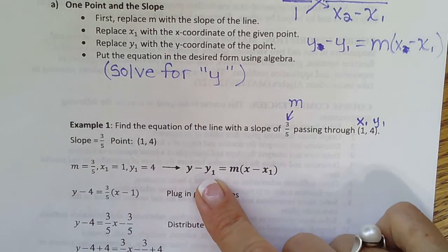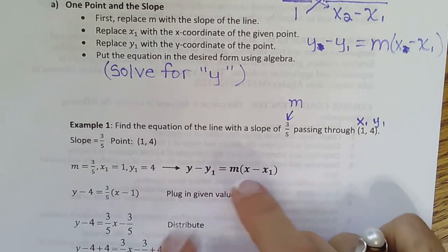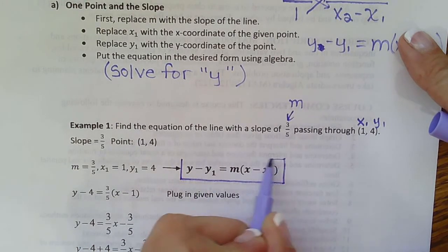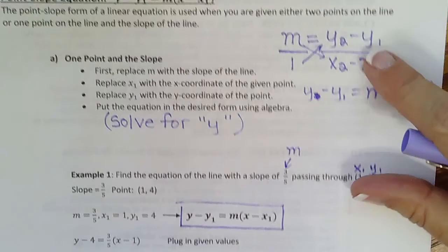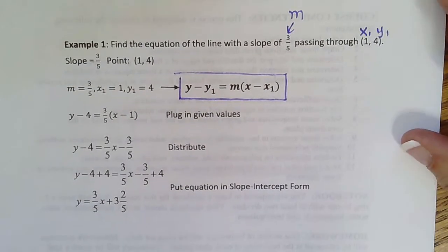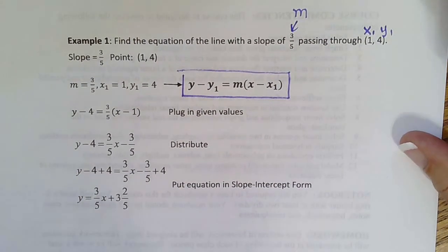I call this the plug and chug formula because once you memorize this formula, or are able to derive it using the slope formula like I showed you up here, the rest of it's just plugging and chugging. So let's see what that looks like.